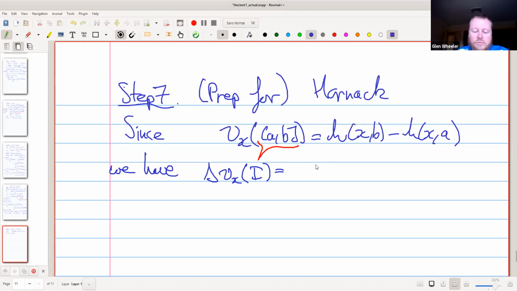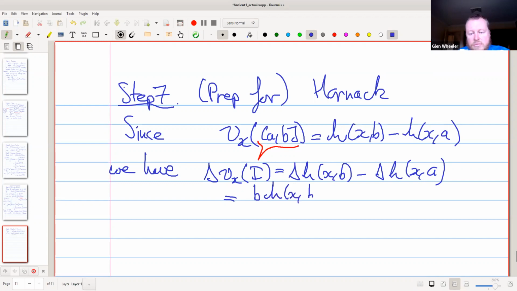Okay, so just looking at the DE here, let's just do this. Laplace h x b minus Laplace h x a. If we just look at the DE, then we're going to get, for this first one, b h x b minus integral 0 to b h x s ds. And then for the second one, we get the same kind of thing, but with a different sign, and b swapped with a.